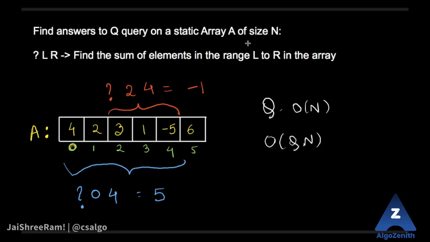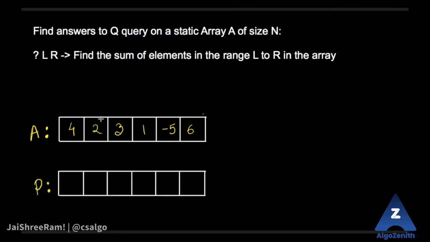Let's get into the idea of the problem. We try to build a pre-computation array, or array P, such that P of I stores the prefix sum of array A. What does this prefix sum mean?